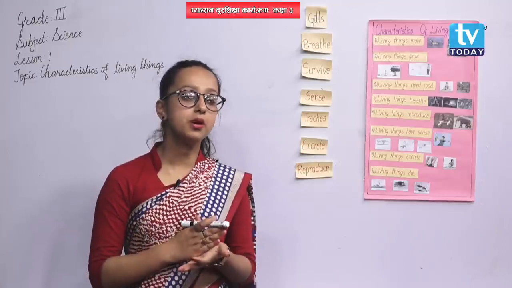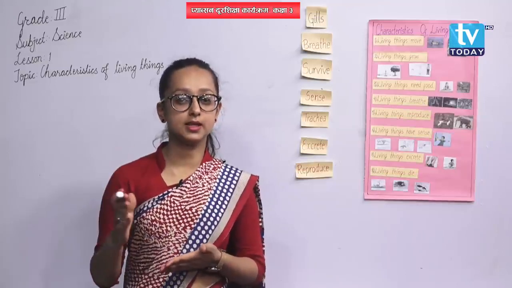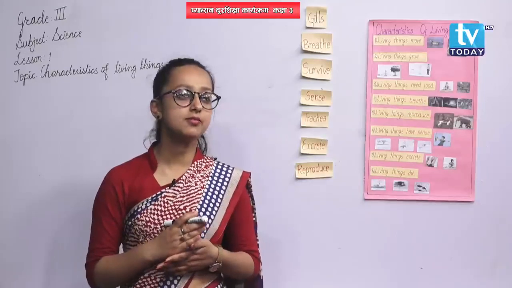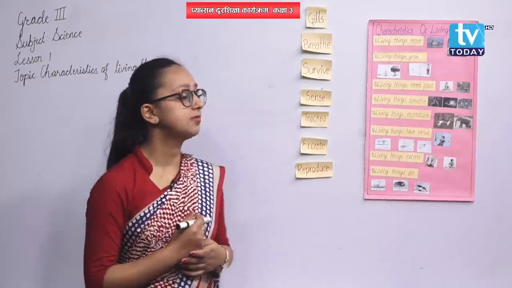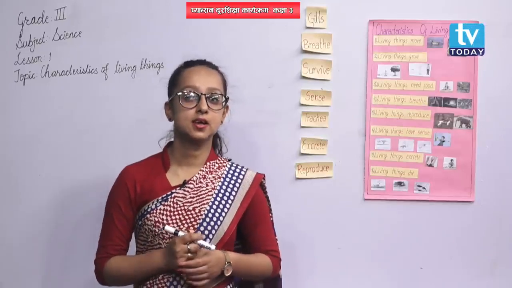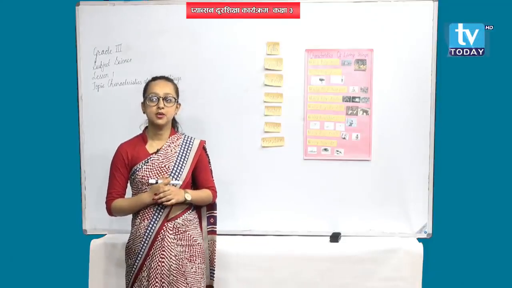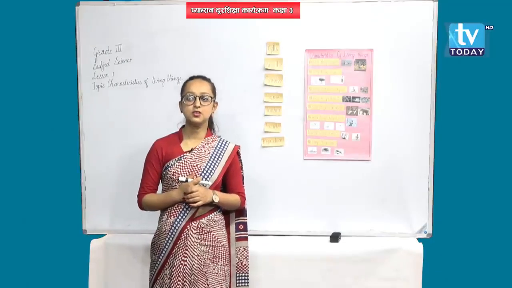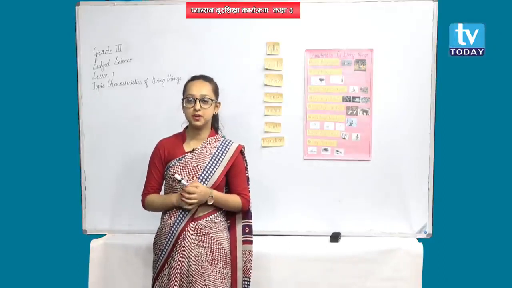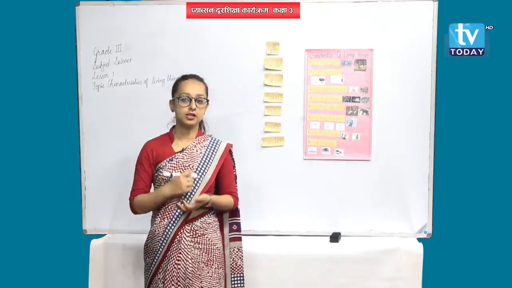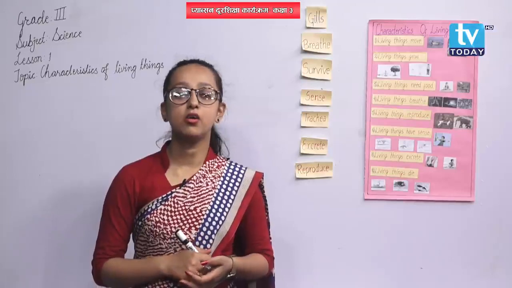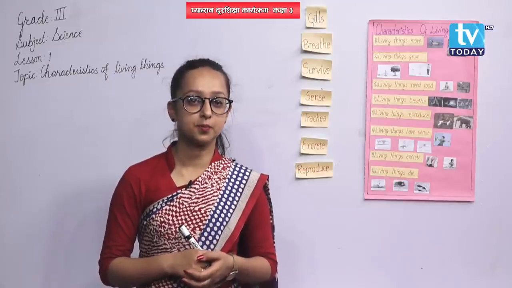Now, while comparing living things with non-living things, do non-living things show any one of these characteristics? As I told, non-living things like aeroplanes and vehicles also show movement, but they are under the control of living things, so they are not counted as living things.